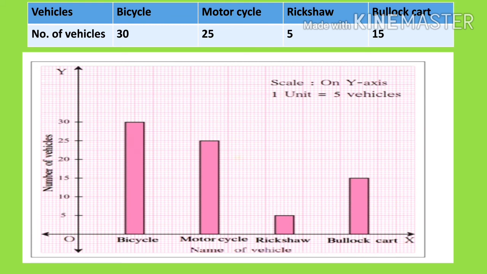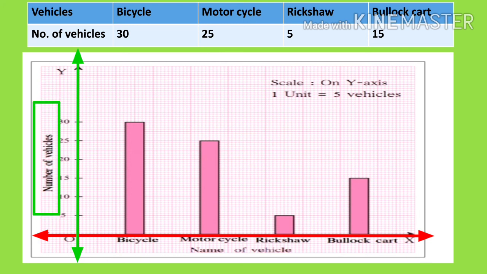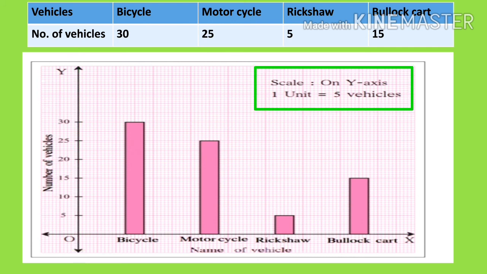The horizontal line is the x-axis and the vertical line is the y-axis. On the y-axis we represent the number of vehicles. The scale will be given to you. The scale on the y-axis is 1 unit, meaning 1 centimeter equals 5 vehicles.